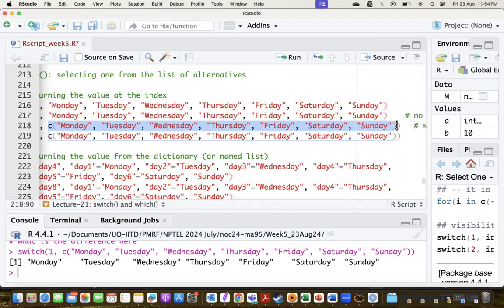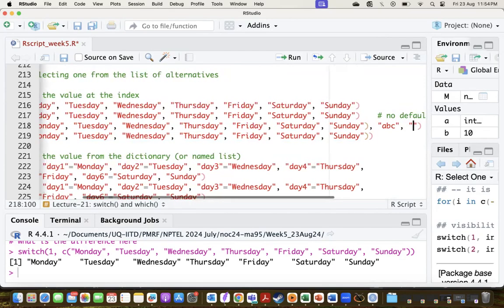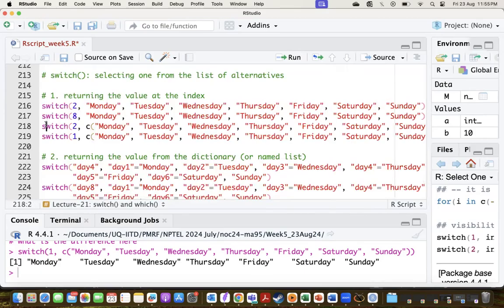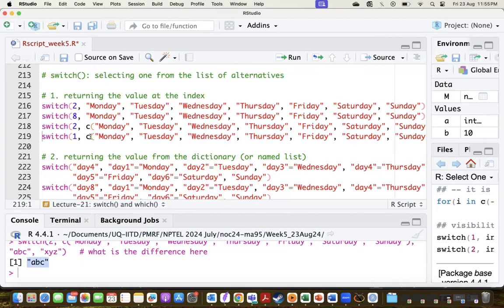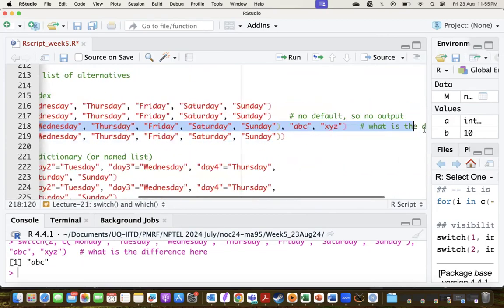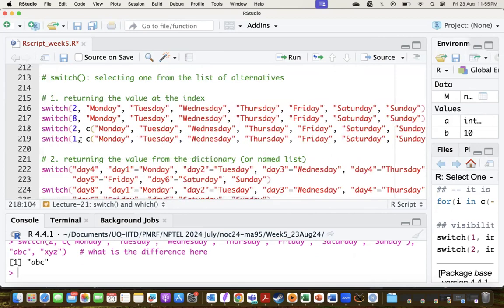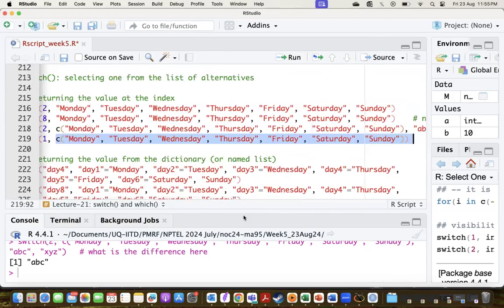If I would have written another value here, let's say A, B, C, X, Y, Z, and then run this, it would give me ABC as the output, because this whole thing is the first element now. This is element 1, element 2, element 3. And if I have just 1 written here, then the first element comes up, which is that whole vector.